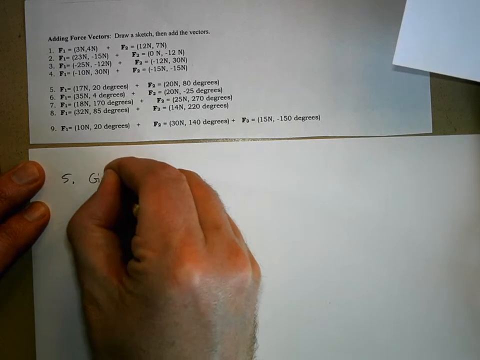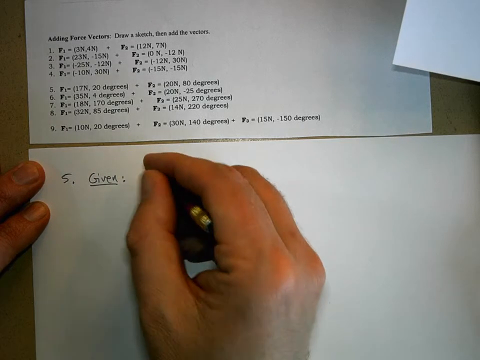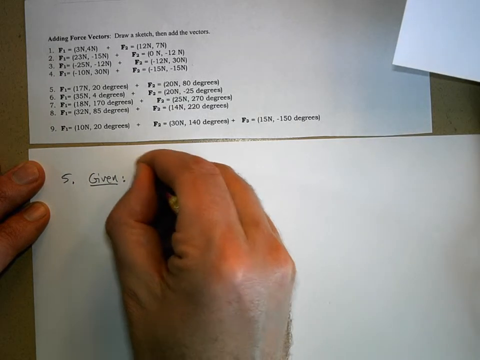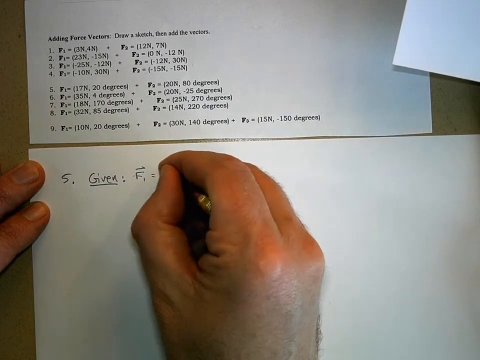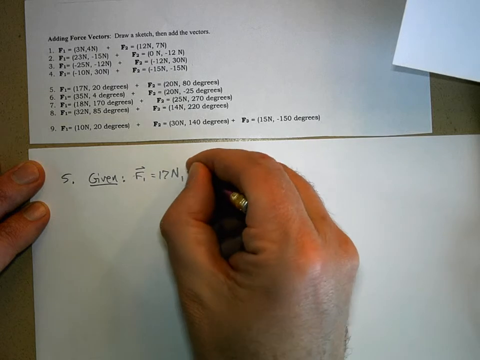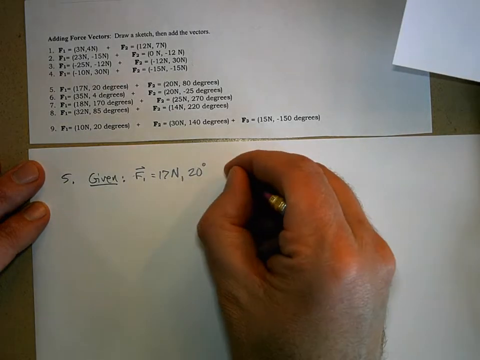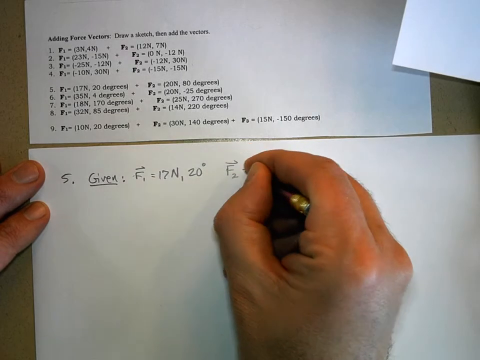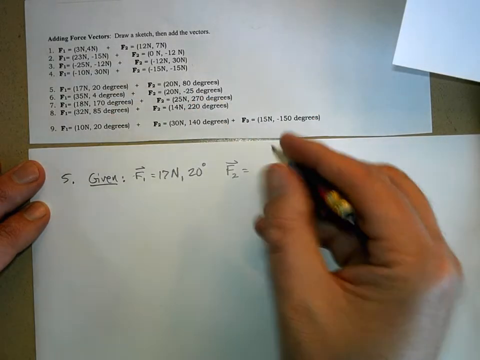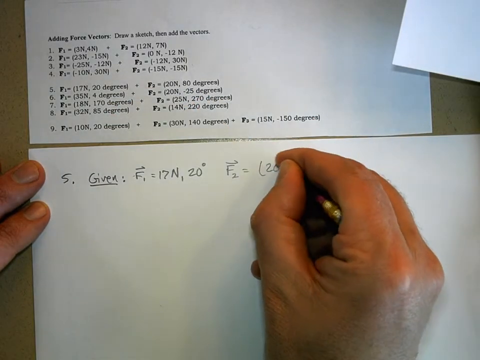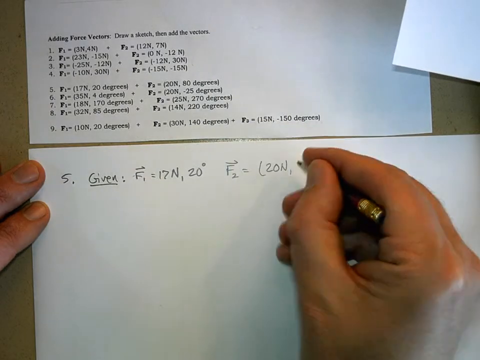So here's what's given. We know that F1 is given to be 17 newtons at 20 degrees, and F2 is given to be 20 newtons at 80 degrees.